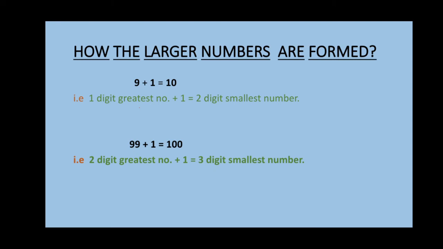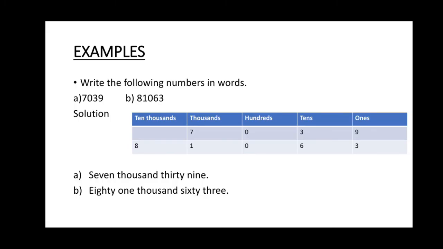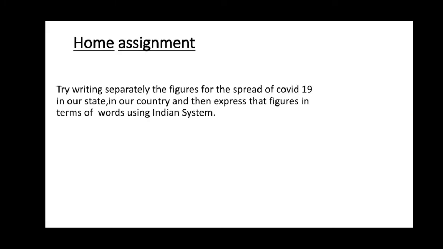Now on the last pattern, we have taken an 8-digit greatest number and added 1, so you have got a 9-digit smallest number, that is 10 crore. So children, you can understand the formation of large numbers with the help of the example provided on the screen.